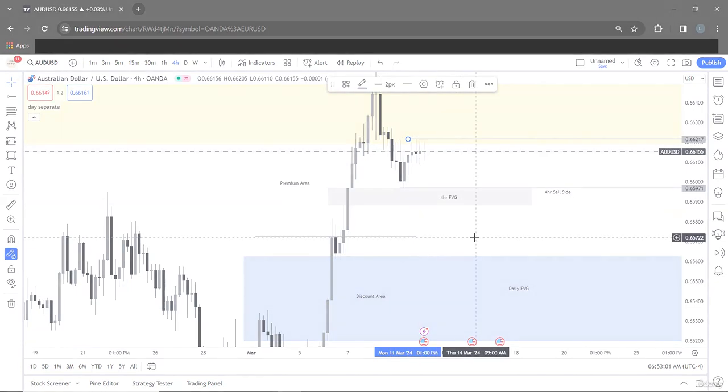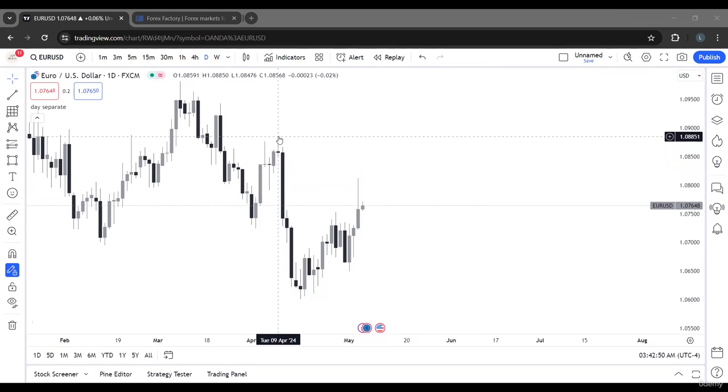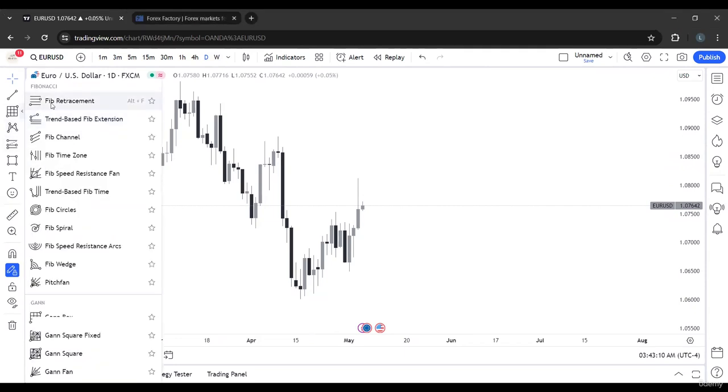before price could sell. Also, I wanted to add that, well, here we have the euro dollar daily chart, right? And then if you look at this dealing range right here, you see a daily fair value gap right here. So that's the direction that price is moving in, right? And then if you measure out that daily range, let's grab a Fibonacci.